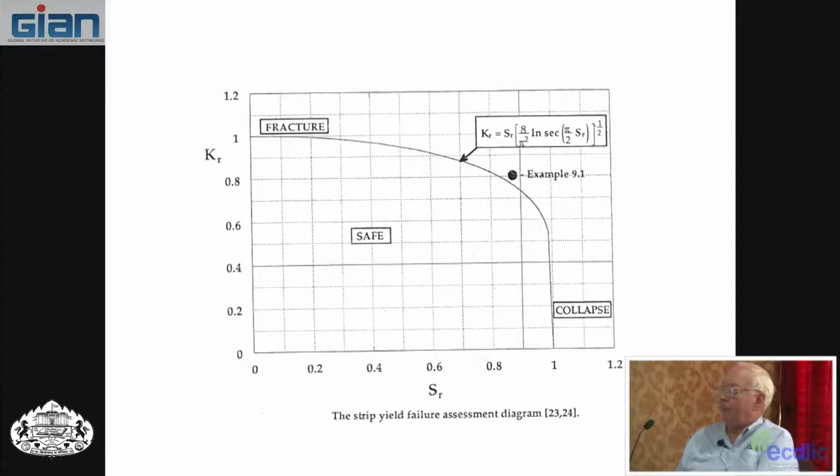You can pick a safety factor by drawing a line from here through the point, hitting the curve, and then the stress ratio at the curve divided by the stress ratio at the point is a type of safety factor. So you can in fact get a safety factor of that. If you're right on the curve itself, the safety factor would be 1.